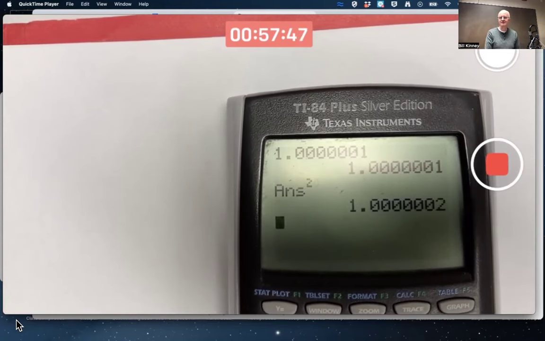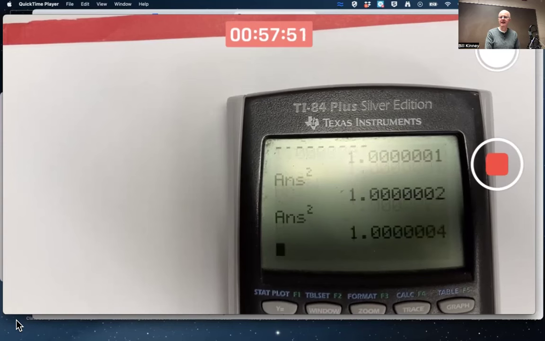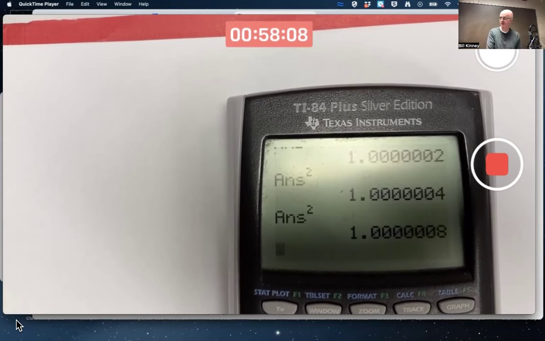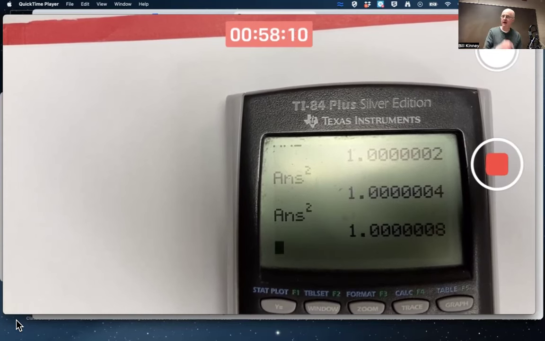What happens? Seems like the last digit doubles, and if you square again, it doubles again. Is that really happening? Not exactly. There's more digits of accuracy that the calculator is not showing you. These last digits are not actually doubling, though they appear to be.